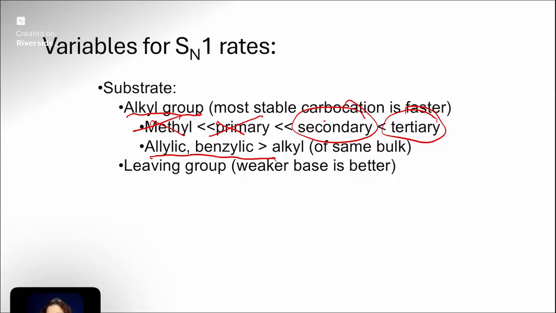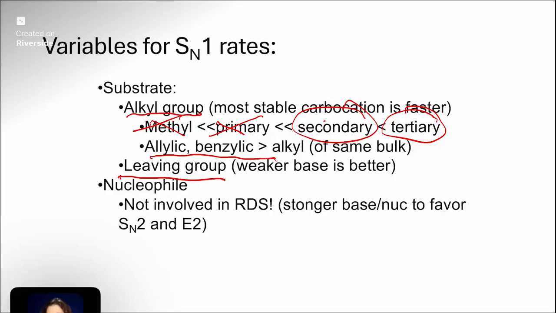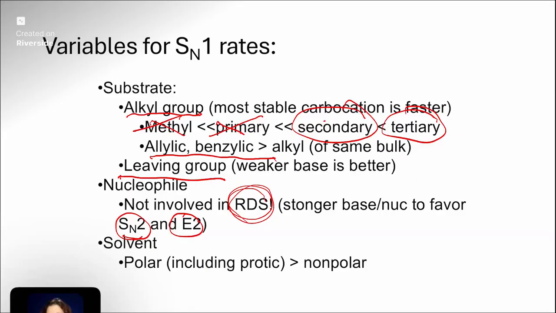The leaving group effect is the same as it is for SN2, with a weaker base as a better leaving group. The nucleophile is not involved in the rate determining step. Very strong nucleophiles or bases will tend to favor other reactions like SN2 or E2, but it will not impact the rate of SN1. And solvent, the more polar, the better.